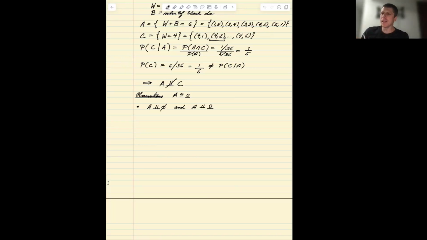Why would A be independent of the sample space? Well, think about the sample space as the set of all possible outcomes. To say that something's independent is to say that if you tell me something happens, it doesn't change my opinion. If you tell me something doesn't happen, it doesn't change my opinion. In the case of saying one of the possible outcomes happened, you haven't changed my mind because you haven't said anything I didn't already know. I already had that opinion that omega, the sample space, was the set of all possible outcomes.